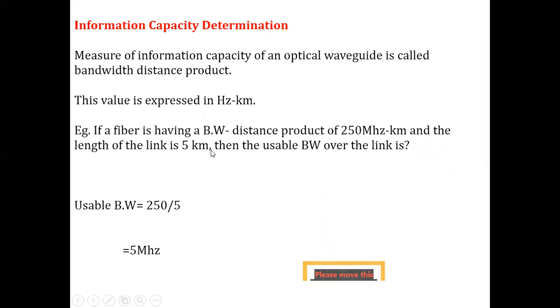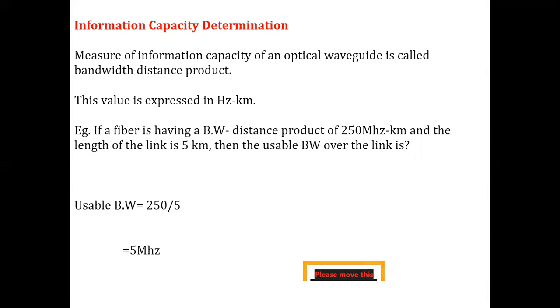It can be calculated based on the bandwidth distance product, and this value is expressed in hertz kilometer. So let us see the example. If a fiber is having a bandwidth distance product of 250 megahertz kilometer and the length of the link is 5 kilometer, then what is the usable bandwidth over the link?